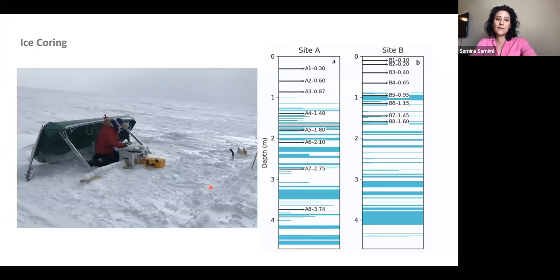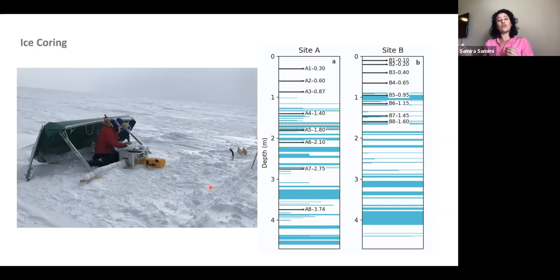Firn cores were drilled about 3 meters from each firn pit. And this figure that you see shows the ice layer stratigraphy at each site. You can see there is heterogeneity in the location and the thickness of the ice layers here.